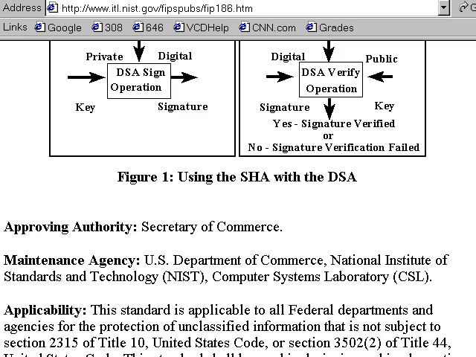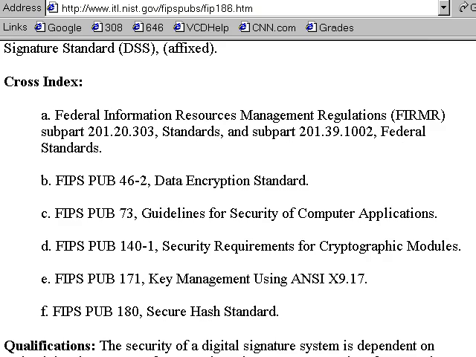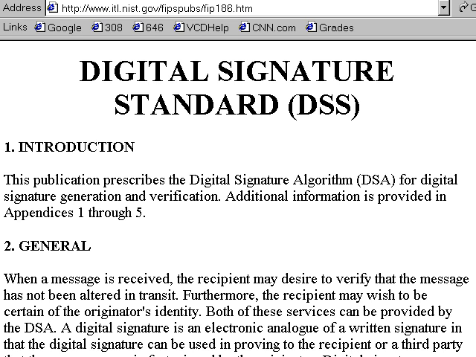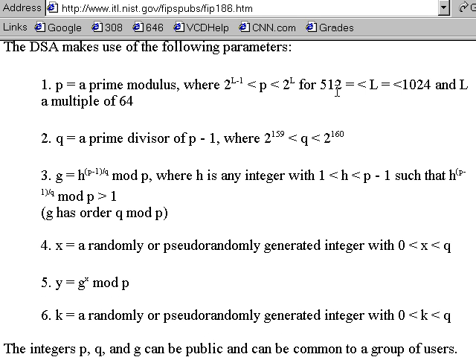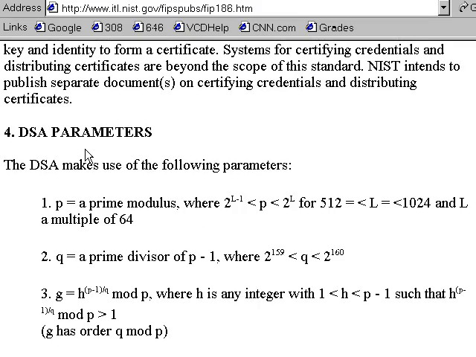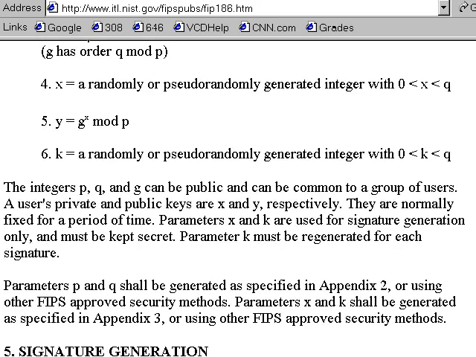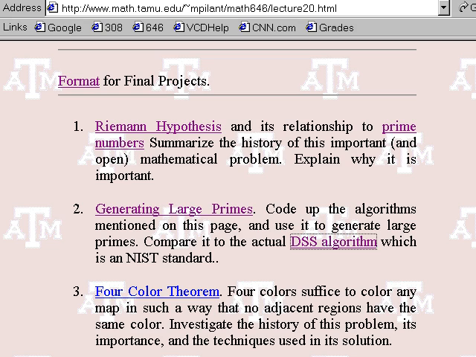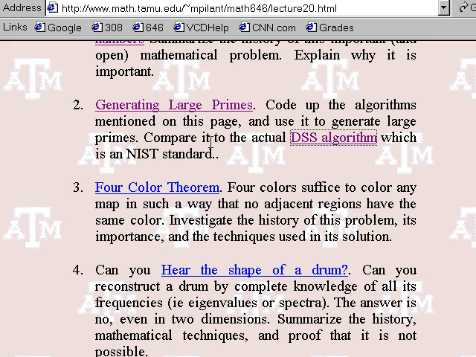And this actually gives the complete mathematical algorithm for generating primes for use in the encryption algorithms. And it actually goes through the DSS and the DSA algorithm and all its parameters. So if you really want to know what people are really using, there is a mathematical statement, proof and lemmas, that the DSS algorithm works.